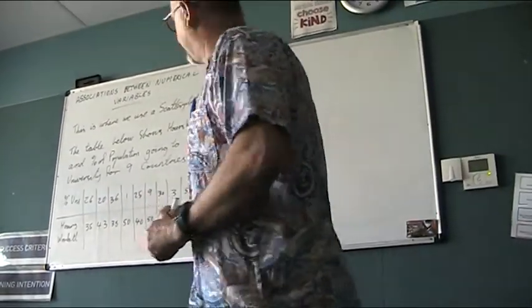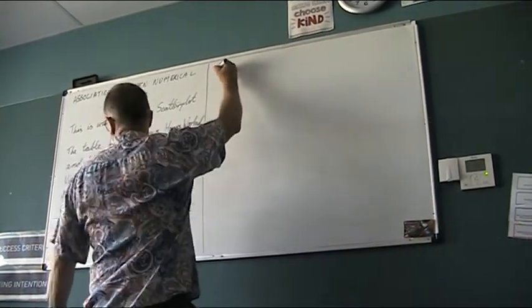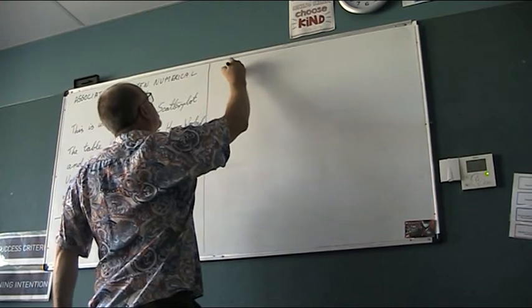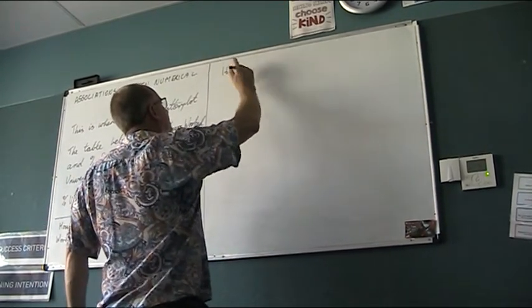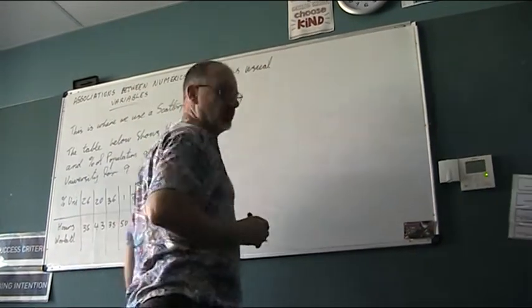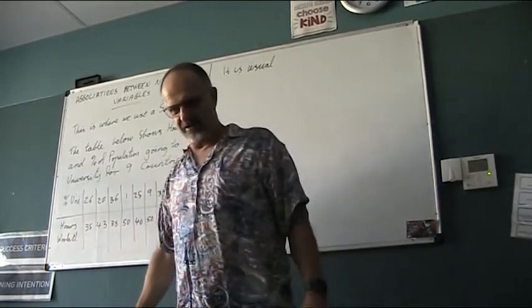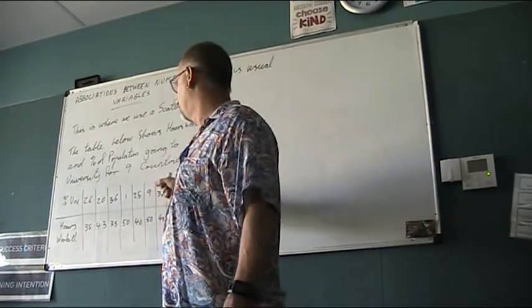All right. So when we get a table, it is usual that our explanatory variable, our EV, would be the first row or the first column.